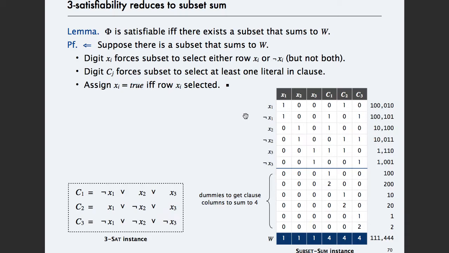Then you put here your conjunctions. And what is going to happen is that here you want ones. You're going to require ones here, which means either this or this has to be chosen.